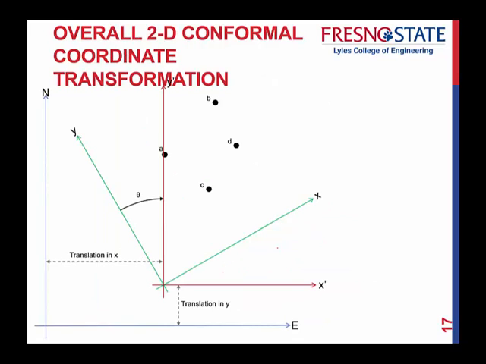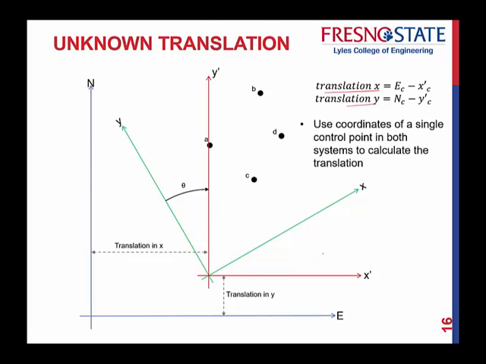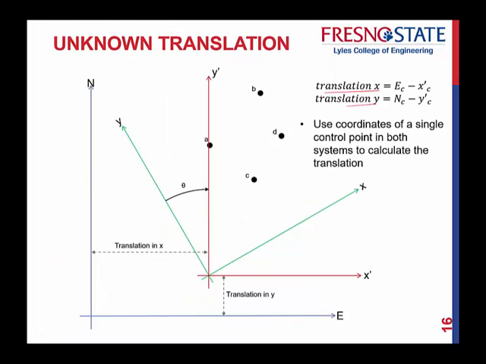So let's go back. This is what we're looking for. If we're solving for the translation of X, that's going to be just the easting coordinate minus the X prime coordinate, which we showed right here.